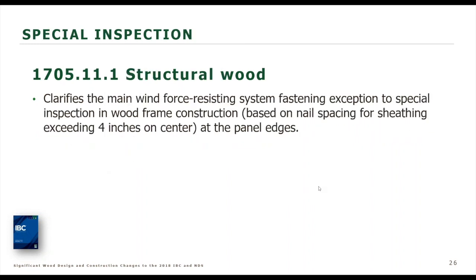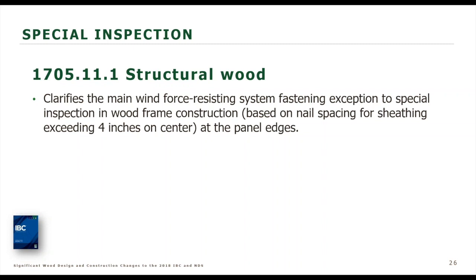Another thing related to special inspection has to do with when special inspection is required, and there's an exception to the rule on when it's not required. This has to do with the wind main force resisting system. What it stated is that special inspection is not required for shear walls, shear panels, etc., where the fastener spacing of the sheathing is more than 4 inches on center.